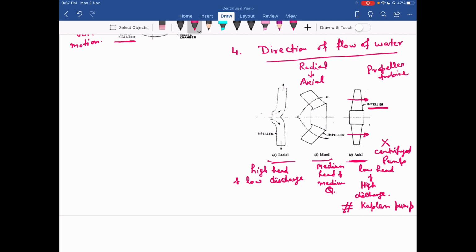Okay, that pump we call as Kaplan pump. So that is completely reverse from the Kaplan turbine. Okay, so you can see on the basis of direction of flow, we have three different categories of centrifugal pump.